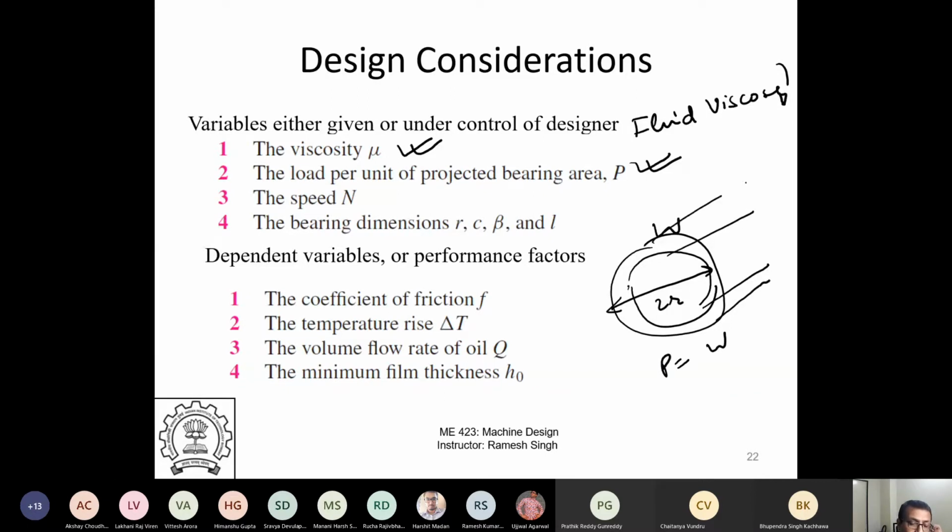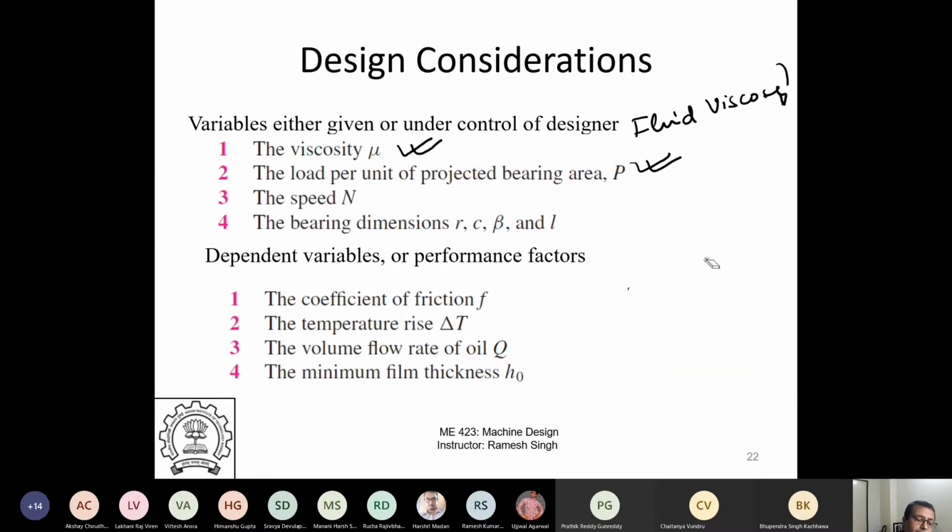This is the sleeve and this is the shaft, and the total length is L. The shaft can extend even more than that. Let me just show you some portion of the shaft. So if I have a shaft like this, and then I'm supporting this into a sleeve.